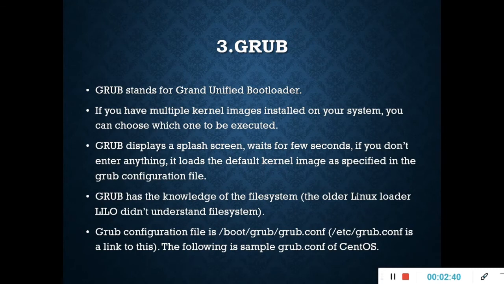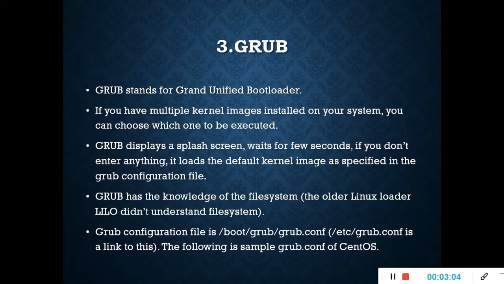The third one is GRUB, which stands for Grand Unified Bootloader. If you have multiple kernel images installed on your system, you can choose which one to be executed. GRUB displays a splash screen and waits for a few seconds. If you don't enter anything, it loads the default kernel image as specified in the GRUB configuration file.